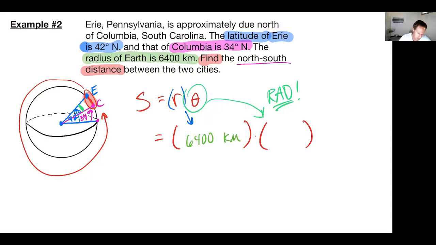Well, since we said this bigger angle from here to here was 42, and this smaller angle was 34, what if we took the bigger one and subtracted off that one? That would leave us with the part that we wanted. So we're going to simply do 42 minus 34 to get a total of 8 degrees.